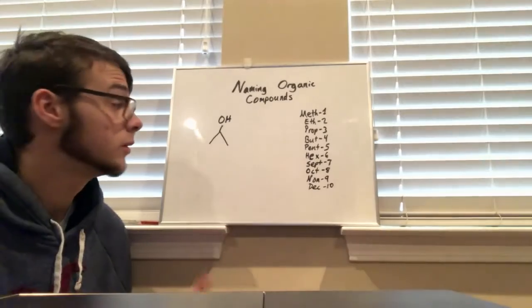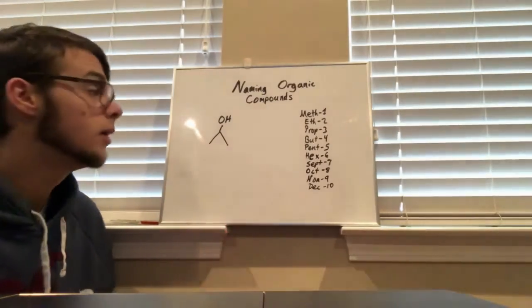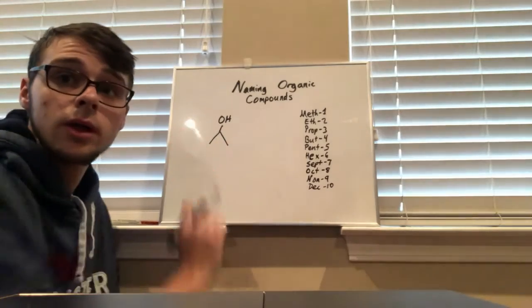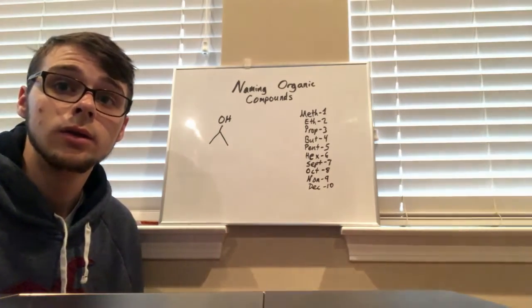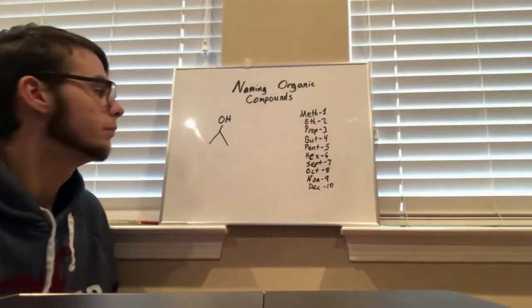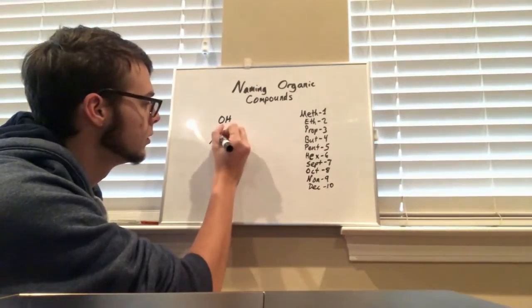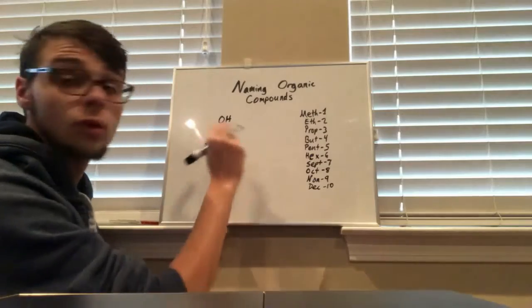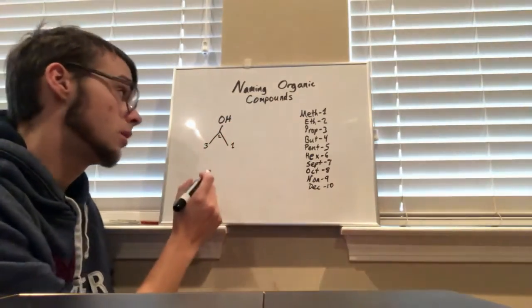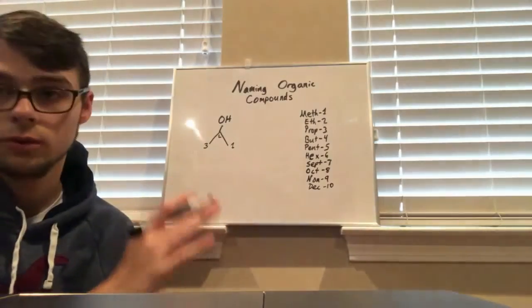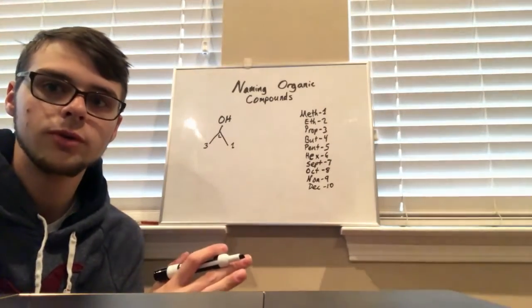Naming alcohols works a little differently. This right here is a functional group called an alcohol. And everything else is the same. So we would number it 1, 2, 3, or the other way. Since it's right there in the middle, we don't have to worry about which one it is on, because 2 would still be the lowest substituent number.